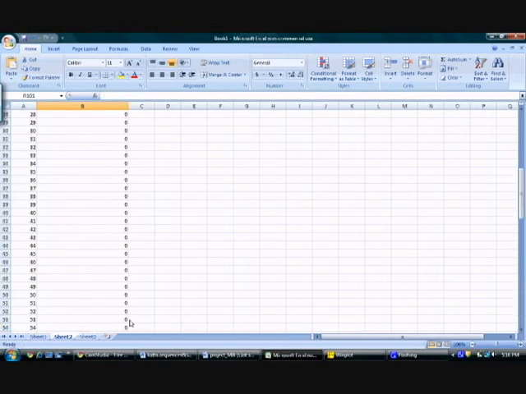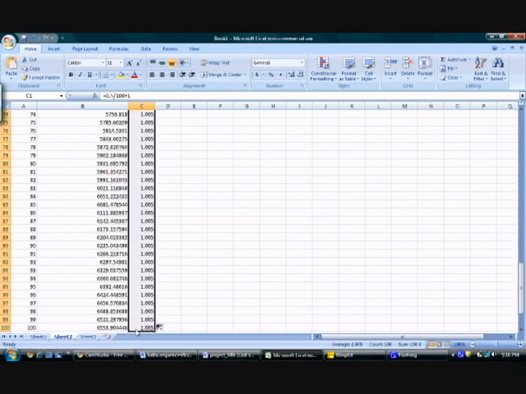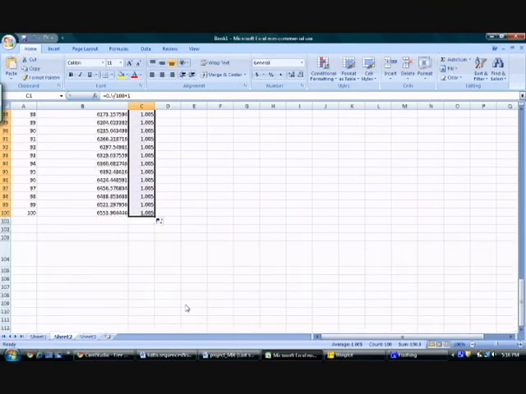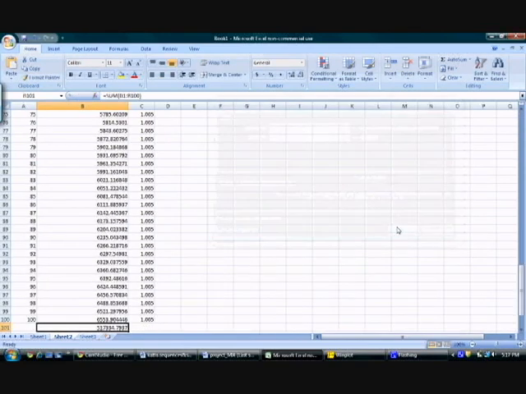And then we can take this cell, and we need to drag it all the way down in order for the function to follow all the way through. So we drag it all the way to 100, since she's only getting paid for 100 months, and we're looking at her payment at the end of each month. And so we find the sum, because that's what we're looking for. We're looking for how much she's paid in total.